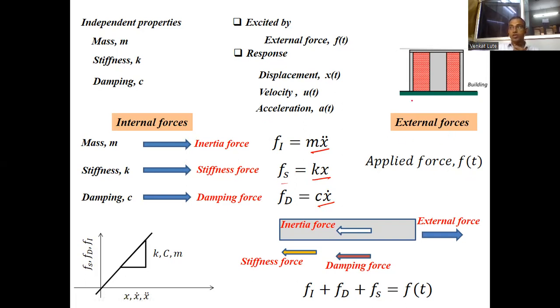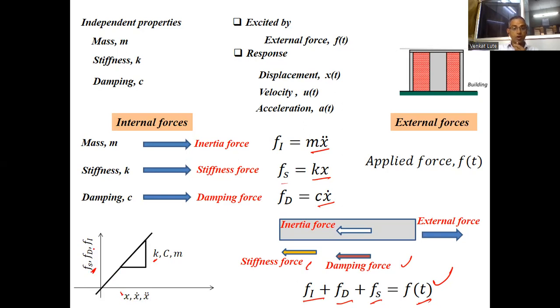When you draw the free body diagram of the structure, we see inertia force, spring force and damping force, resisted by the external force. That is f_i plus f_d plus f_s equal to f of t, which is your D'Alembert's principle.